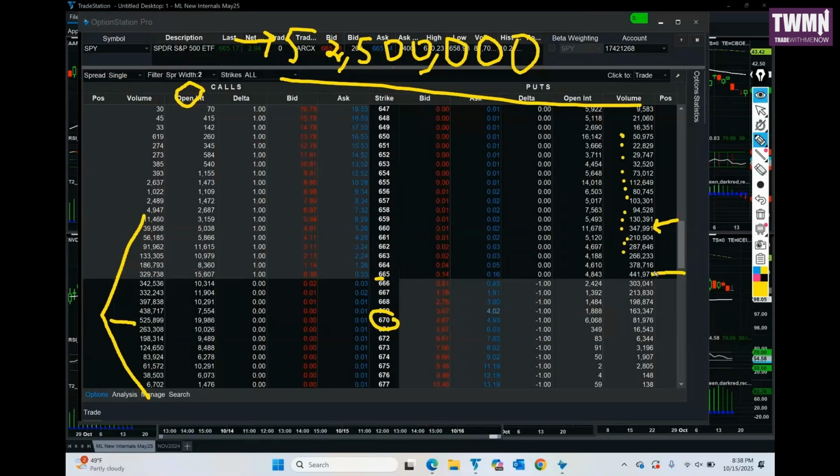400,000 puts. So what that does is that draws the market maker, and when they start to see the calls being closed, they turn their attention to puts and they start hedging by selling the stock and raising cash until these numbers start to pump. So look, 665, 660 here on the puts to the downside, 665 pretty significant on the put side.